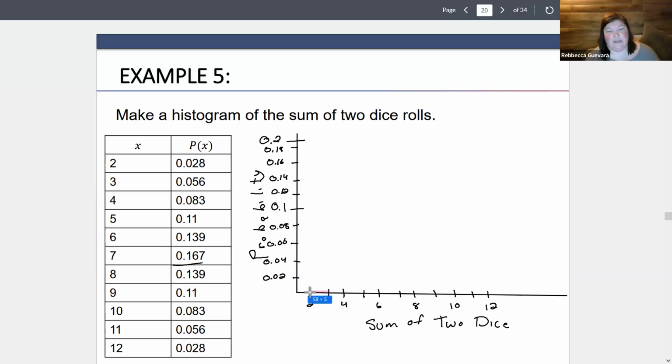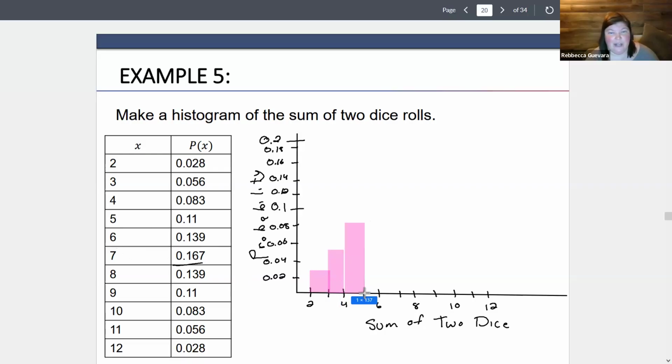Just like with the histograms we did before, we start at the 2 and make the bar after that, going up to roughly here, a tad under 0.03, because we need 0.028. The 3 would be here, a little over half between 0.05 and 0.06. My 4 is at about an 8, so starting at 4 we go up to a little past 8, and then we go over.